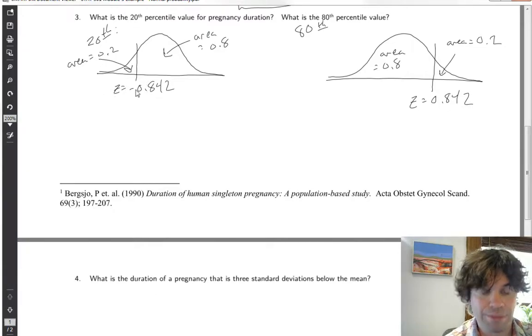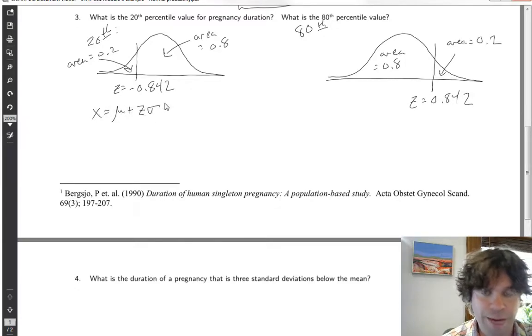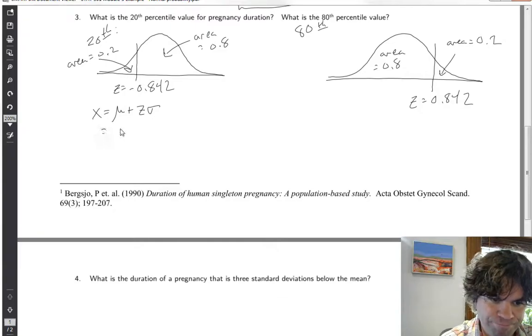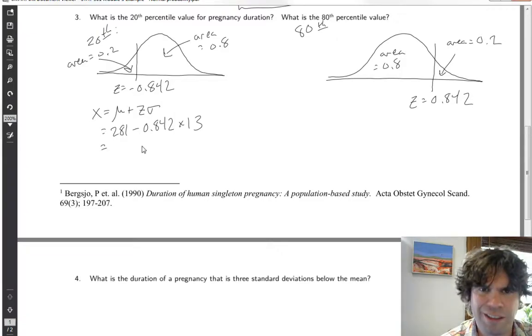That's a z-score. That's a number of standard deviations away from the mean. I want that to be a value in terms of my variable. So the formula is x equals the mean plus your z value times the standard deviation. So the mean is 281. My z value is, well, I'm going to put minus because it's negative 0.842, times 13, and that is roughly 270.